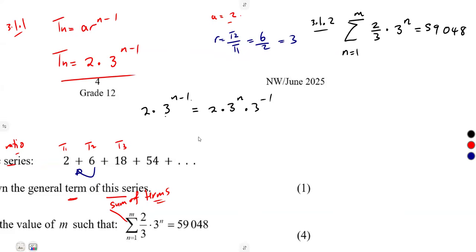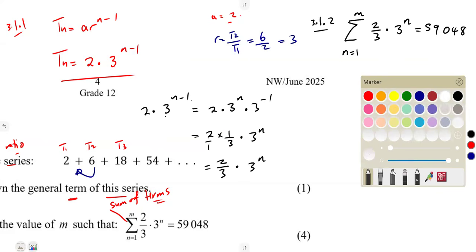It is the same. Where 3 to the exponent of negative 1 is 1 over 3. So it's 2 times 1 over 3 times 3 to the exponent of n, where 2 times 1 over 3 is going to give us what? 2 over 3 times 3 to the exponent of n. Exactly this part. They just wanted to play with you guys.